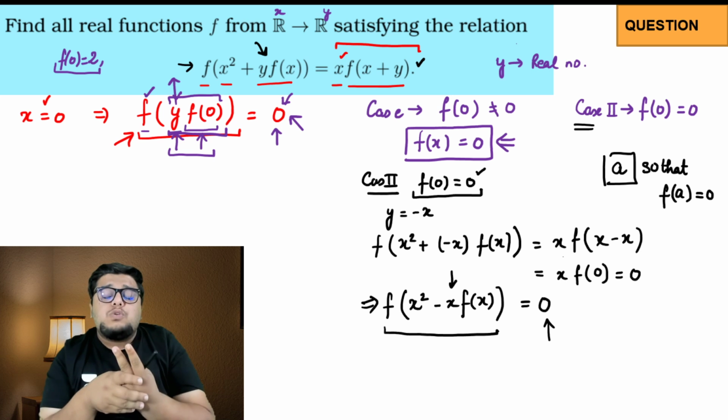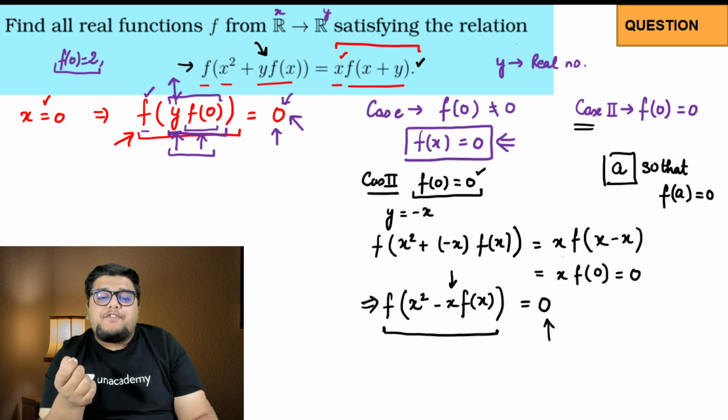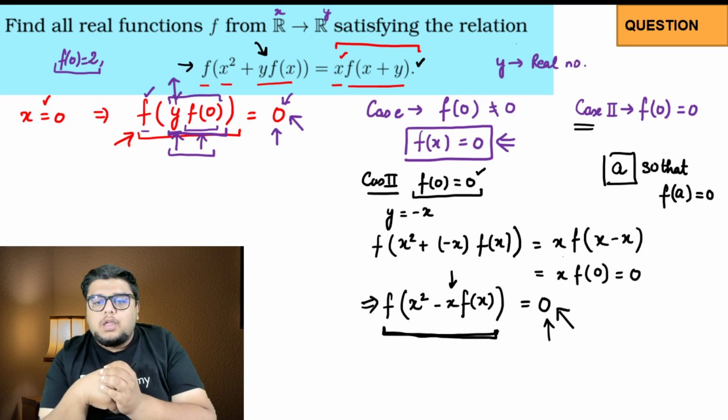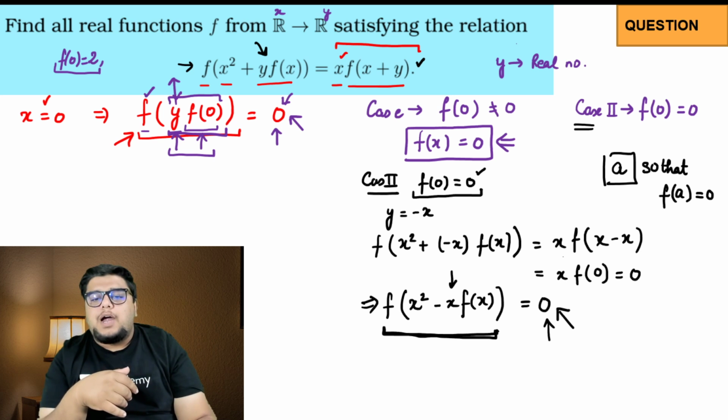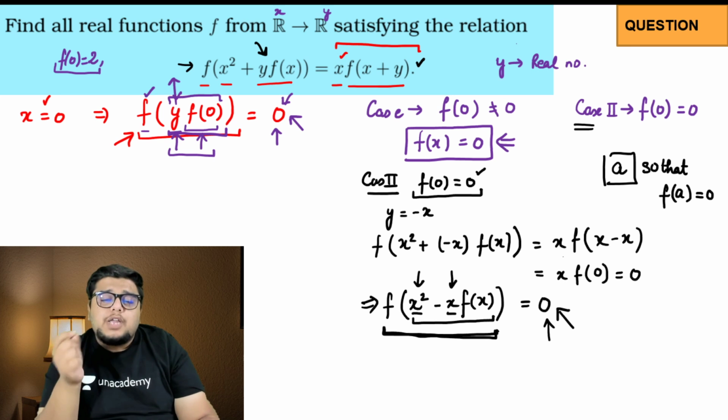Now there are two values at which the function is 0. One is at 0, one is at a. Now, if f of this is equal to 0, that can only happen if this part is equal to a. But notice that again, the one thing that keeps coming to my mind is x can change values. x can take different values.